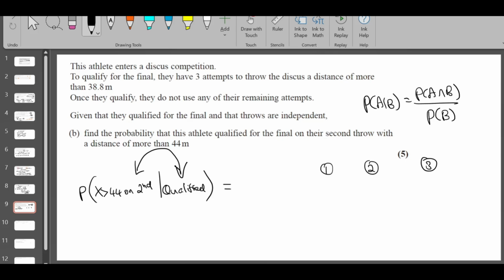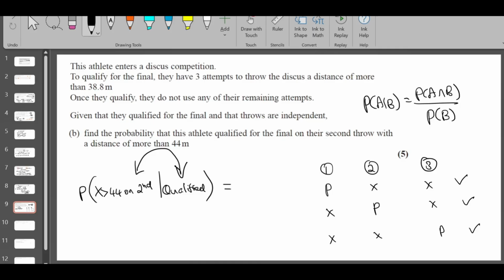He can throw more than 38.8 here, and these 2 are not going to be used. So he's qualified for the final. Or first one he failed, second one he got success, third one he's not using it. Or first 2 he failed, third one he got success. Anyway, he'll be qualified. There are 3 cases. So in all 3 cases he'll be qualified for the final.